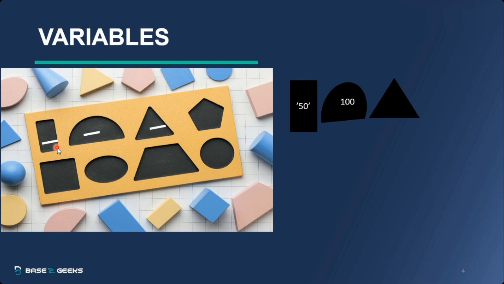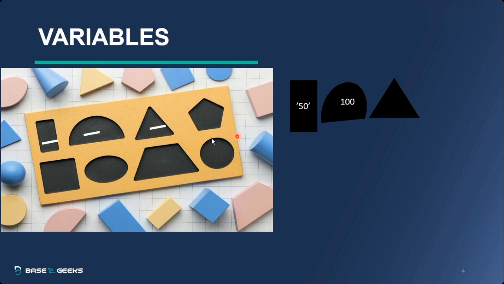This shape will accept only rectangular objects, and this semicircle shape will accept only semicircle objects. Likewise, for all four different types of shapes, each will hold only objects of equal shape.